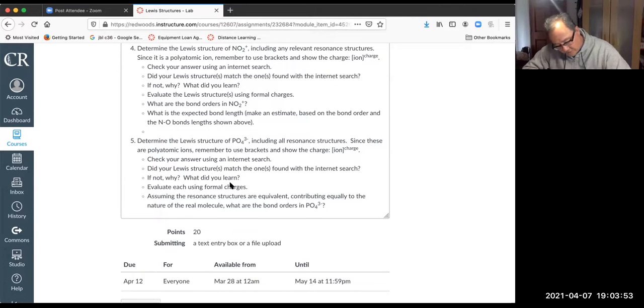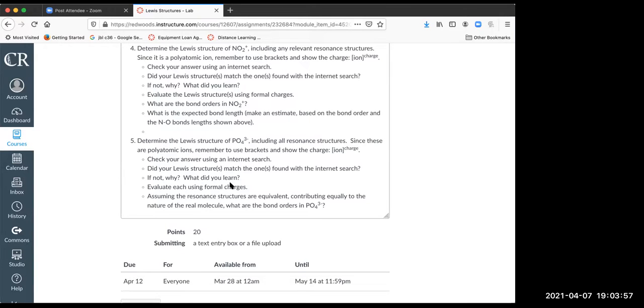Now before you get too far ahead, how many electrons did you get? 16. That's what I got. So I think this is just one structure.